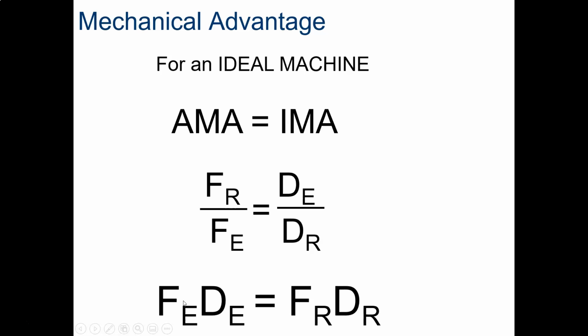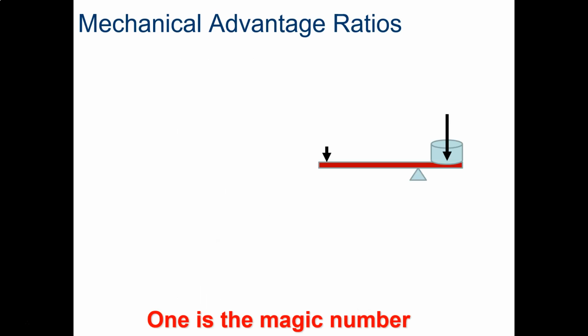So next to your AMA and your IMA equations, what I want you to do is write this equation, phi d equals Fr dir, and put for an ideal machine. So phi d equals Fr dir for an ideal machine. And I'll let you use that on your test. So phi d equals Fr dir.